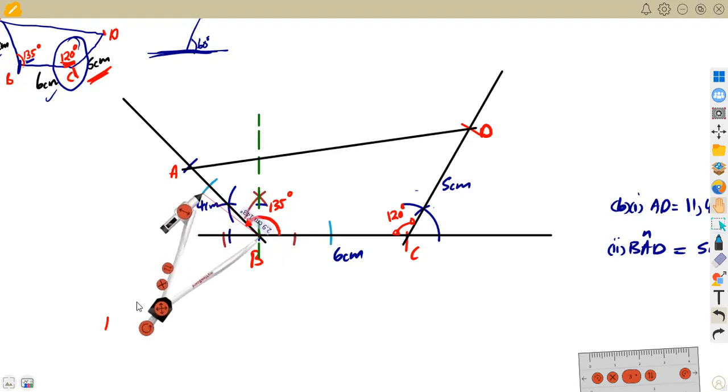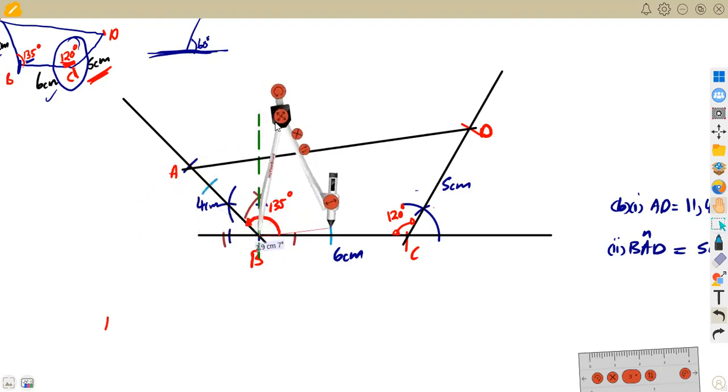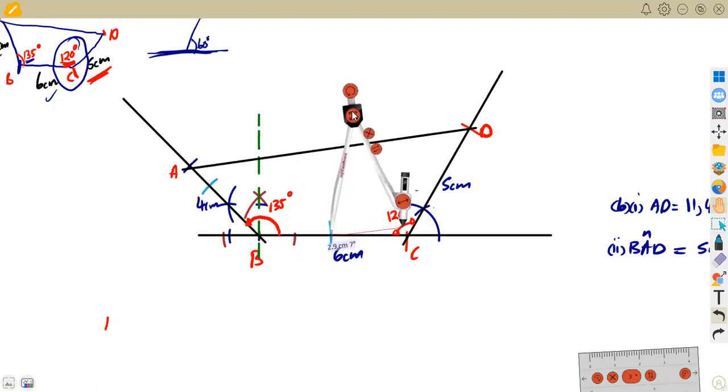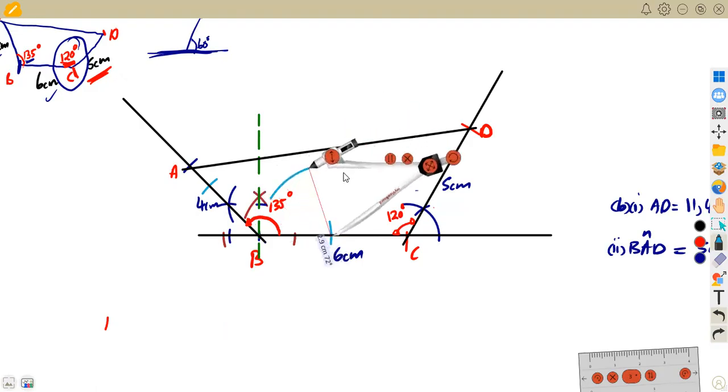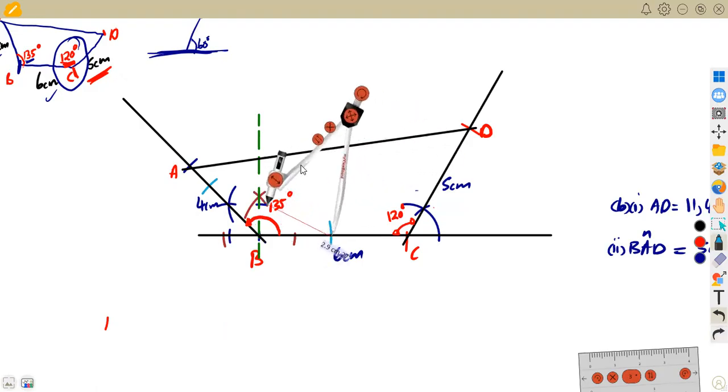With these two arcs, without changing the distance that you have used, we are going to mark back the arcs inside where we expect our bisector to be, like somewhere here.